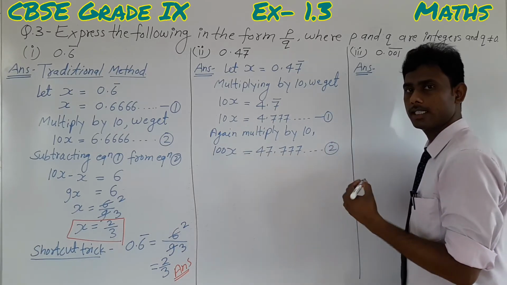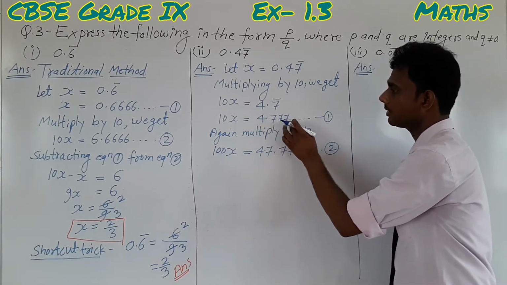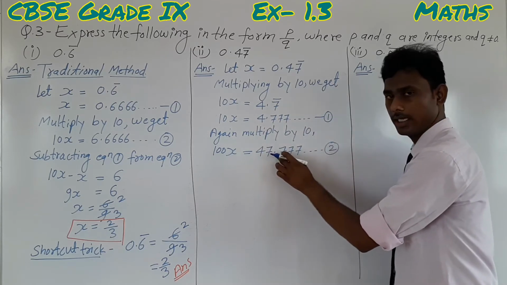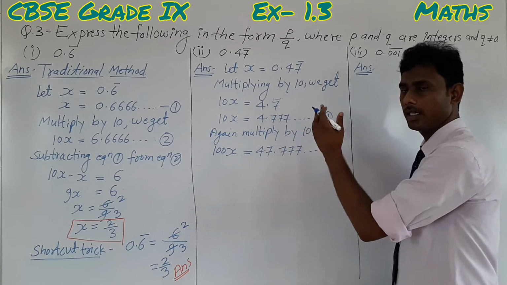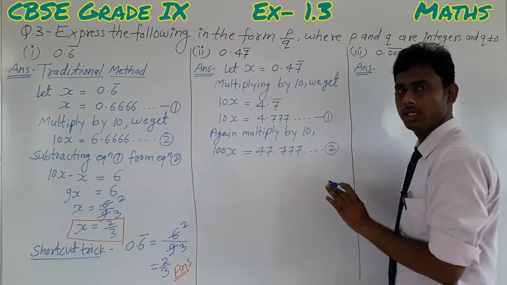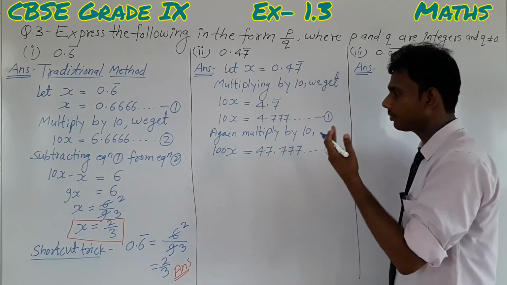Now on subtracting, because after the decimal in equation 1 there is 777 and in equation 2 there is also 777, the digits after the decimal are the same, so we can subtract.